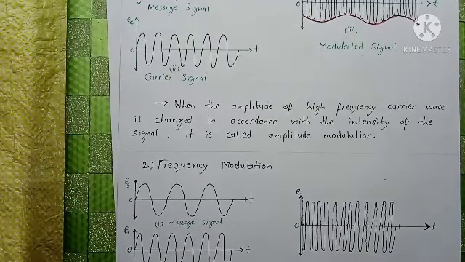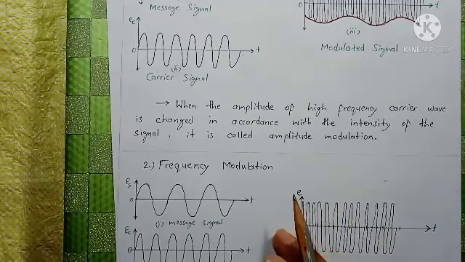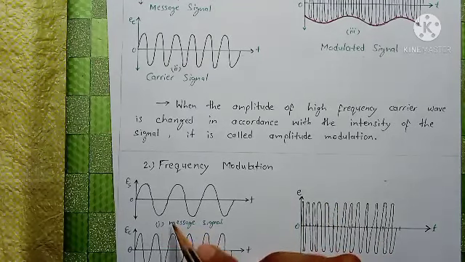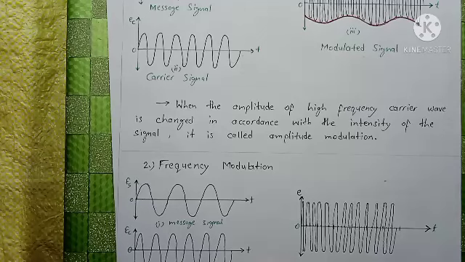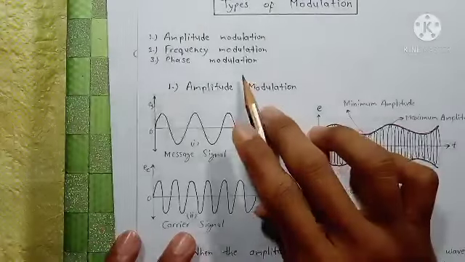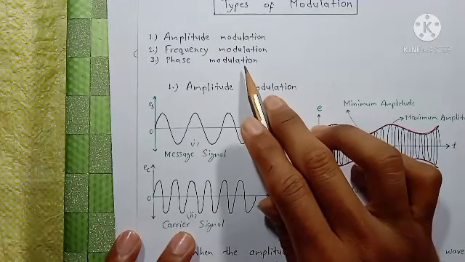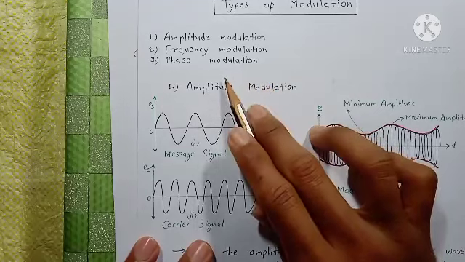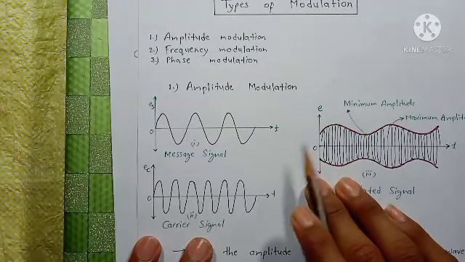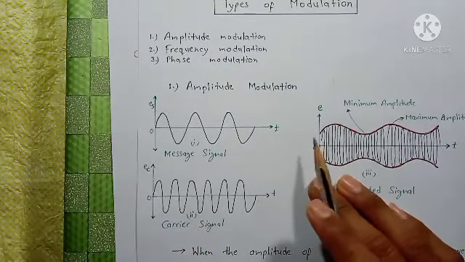In this type of modulation, the frequency of the carrier signal is modulated in proportion to the message signal, while the amplitude and phase are kept constant. And in phase modulation, the phase of the carrier signal is varied according to the low frequency message signal.